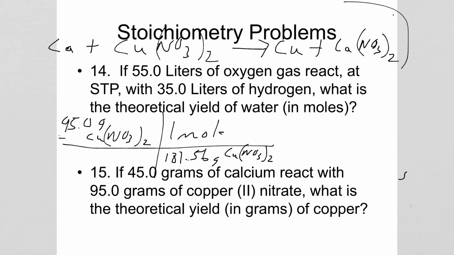That's the mass of 1 mole. We need to do a mole ratio between calcium and copper 2 nitrate. And all of our coefficients are 1, so that's going to be a 1-to-1 ratio.